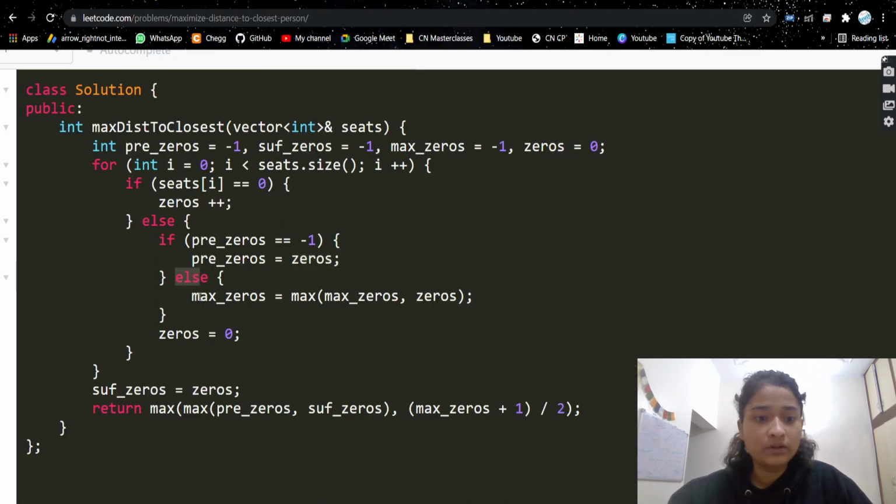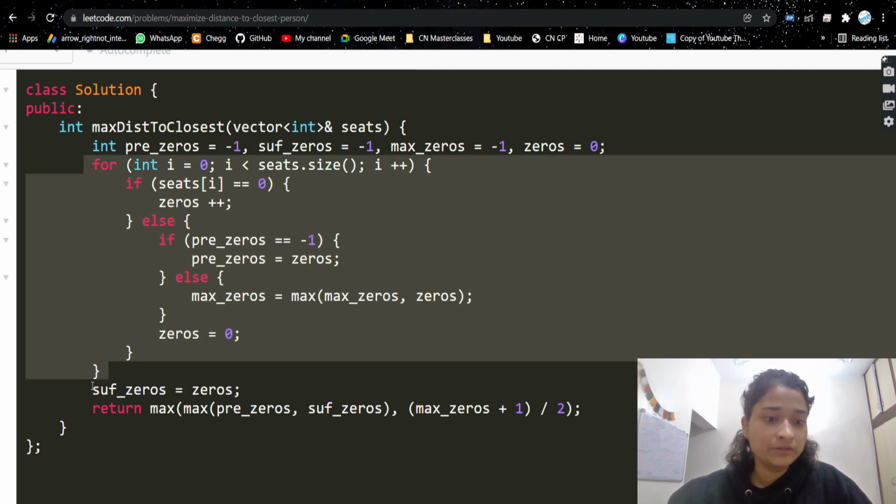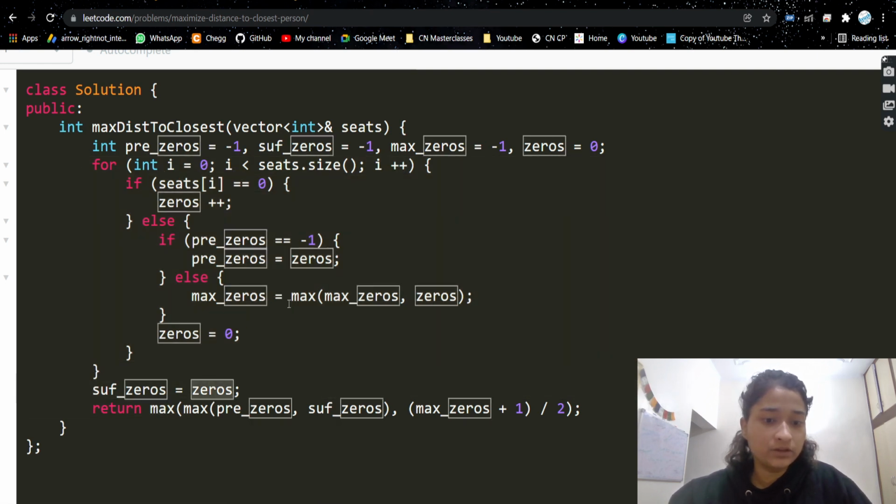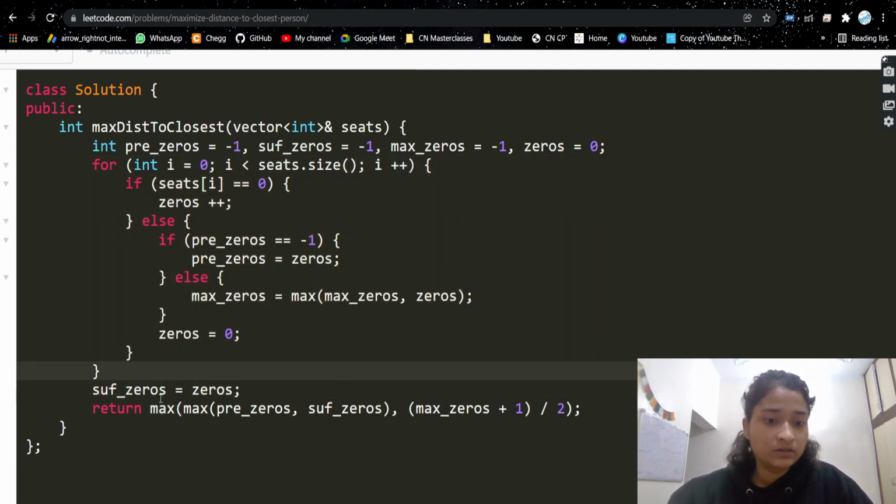Else, update max zeros with zeros. And again, after this, update your zeros to become 0 again. And at last, after this for loop, suffix zeros will become whatever zeros are there at the end. And we'll return the maximum of these two and this.